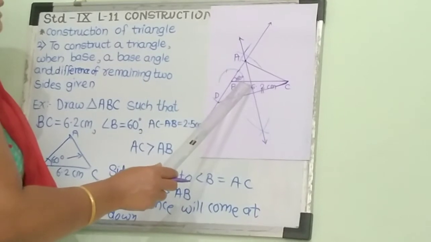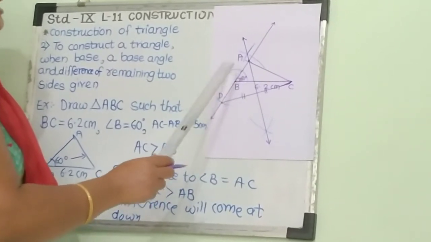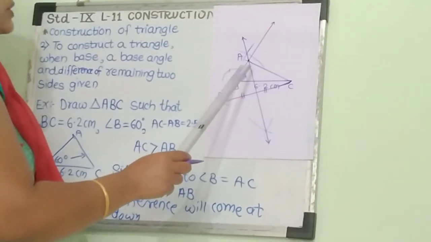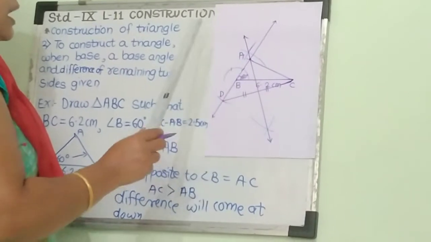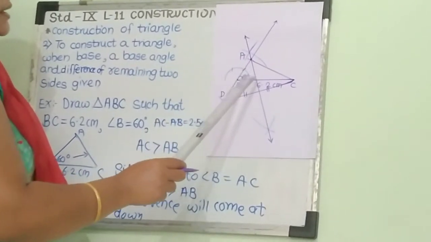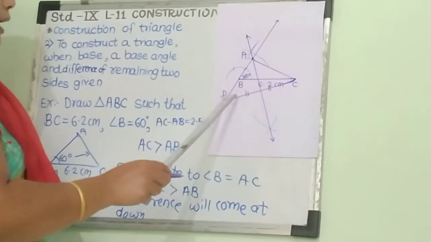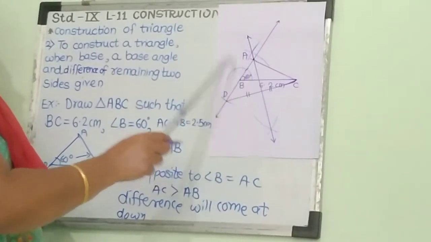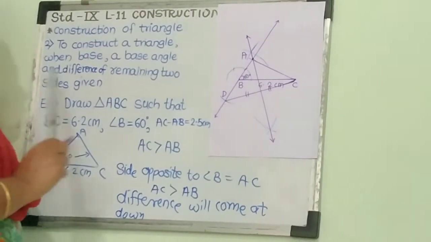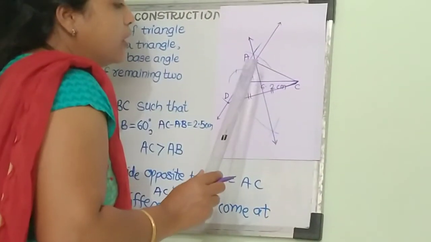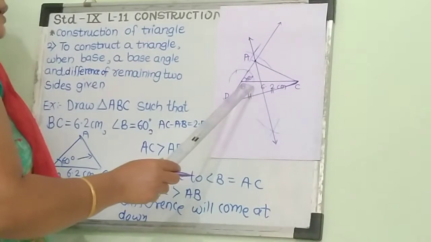For 60 degree we draw the semicircle with the same distance, or we mark the arc. The first arc is of 60 degree, and we draw the ray passing through this point B, because angle B is 60 degree. Get it?